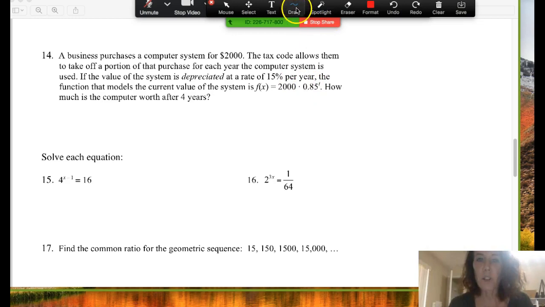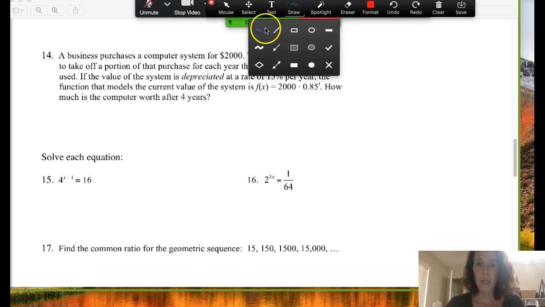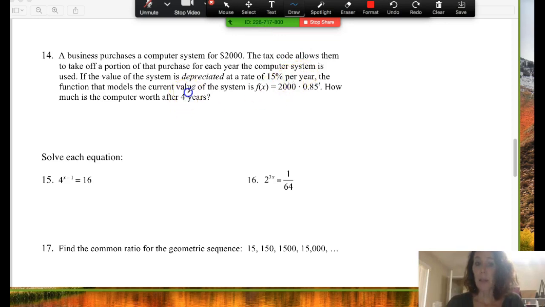Now look at this function. Your basic equation, all you have to do here is plug in 4 years for time, and that's all you have to do to figure it out. But I just want to make you realize this. This is just a basic exponential. Your base here is a fraction between 0 and 1, okay?